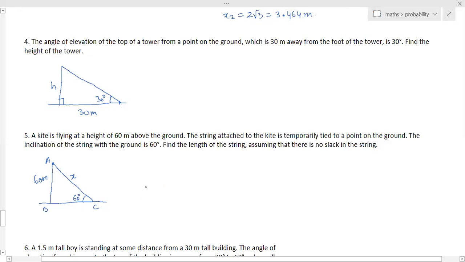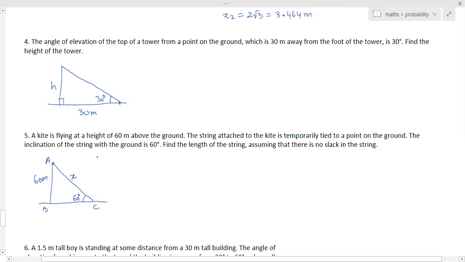Use again sine 60 to get the value of x. Thirty root 3, 20 root 3. Ma'am, is it 40 root 3? Yeah, 40 root 3, right.